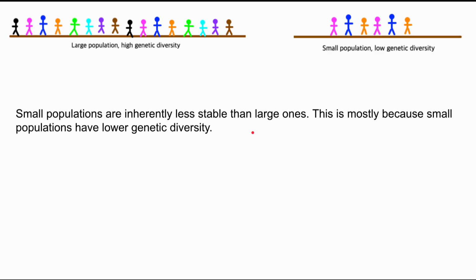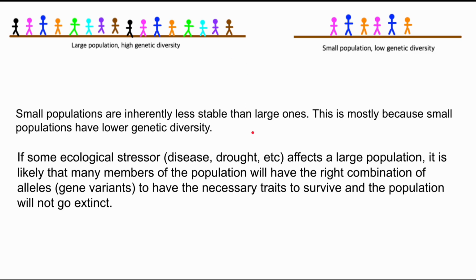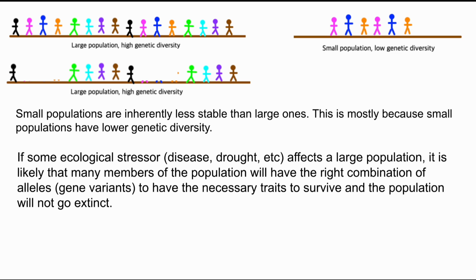So what are some of the consequences of this? Well, if some ecological stressor comes along, a disease, a new predator, drought, what have you, in a large population, it's going to take out some members of the population, right? So we lost these ones here, and we lost these ones here. Notice we lost the ones that had a combination that gave us magenta, blue, and I guess burnt orange, whatever that would be.